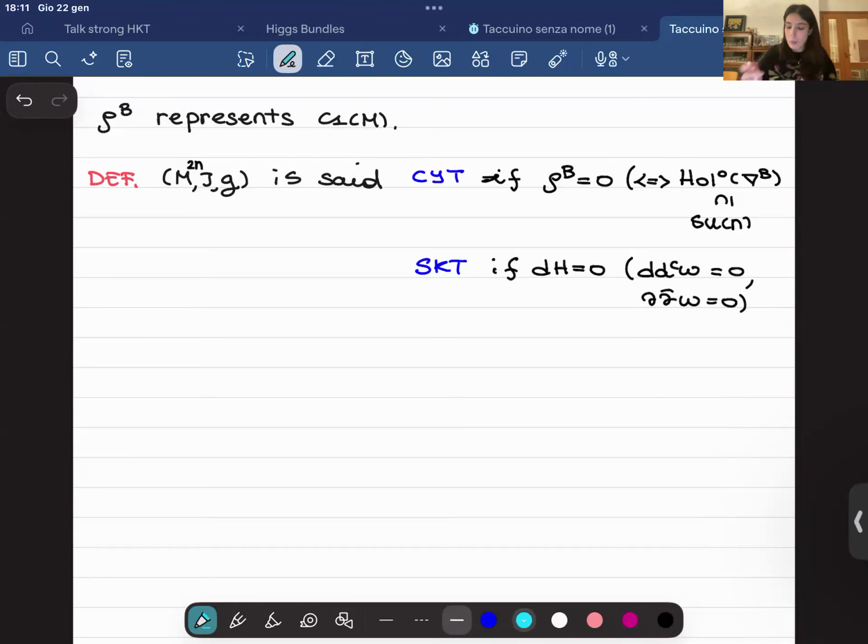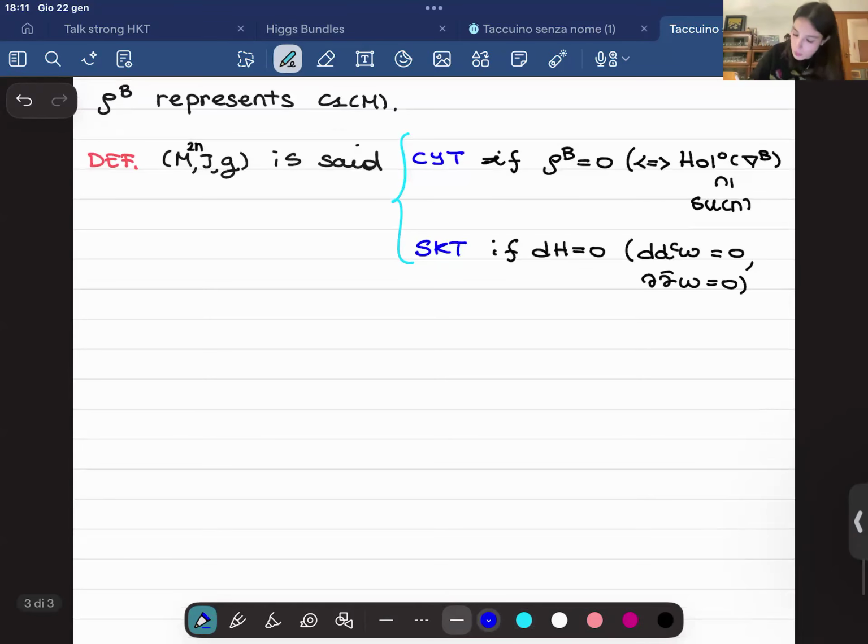And I can actually couple these two conditions, and I will say that my Hermitian manifold is Bismut Hermitian Einstein if it is Calabi-Yau with torsion and SKT.